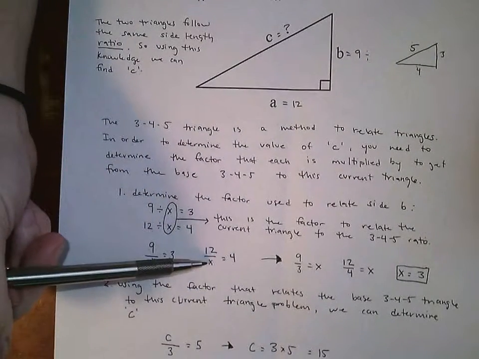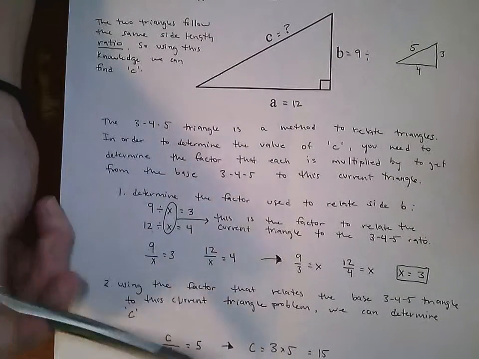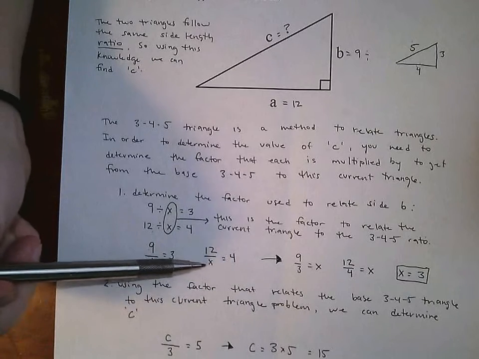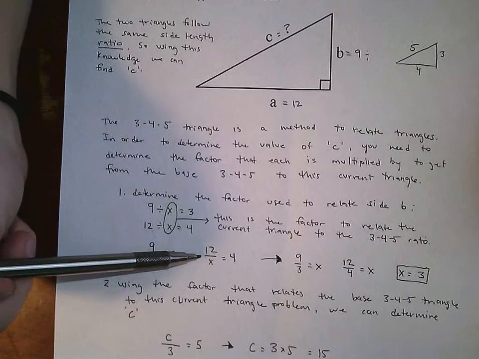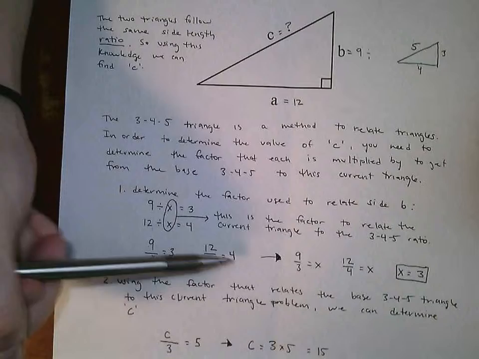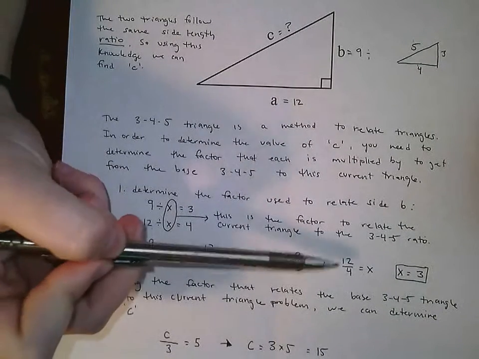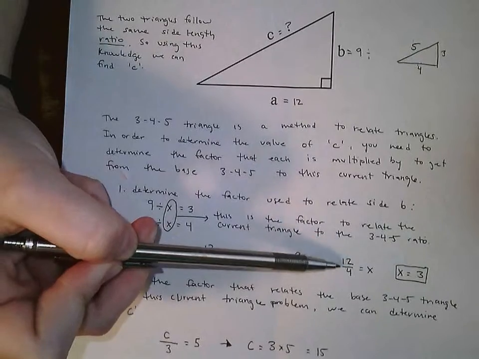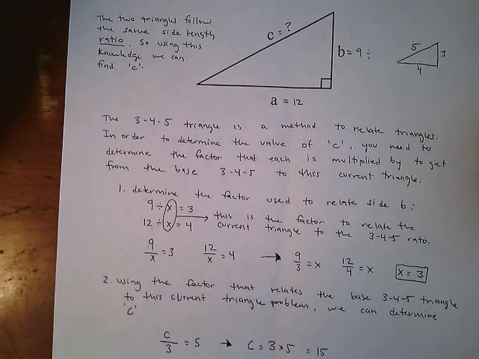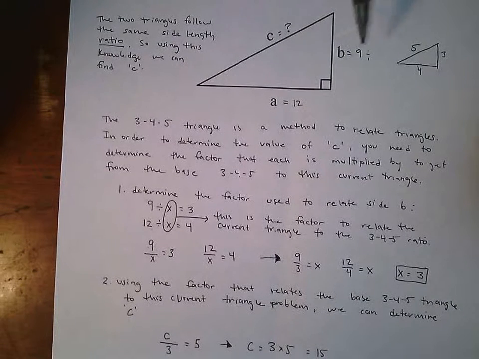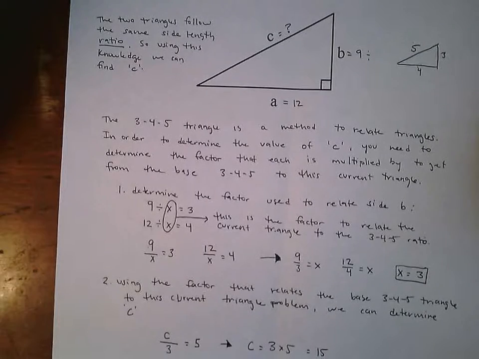So 12 divided by x is 4, and after rearranging these terms by multiplying x on this side and then on both sides, and then dividing by 4 on both sides, you get 12 divided by 4 equals x, which is 3. So our sanity check is done. 3 is what relates these two leg sides to our original 3-4-5 triangle sides.